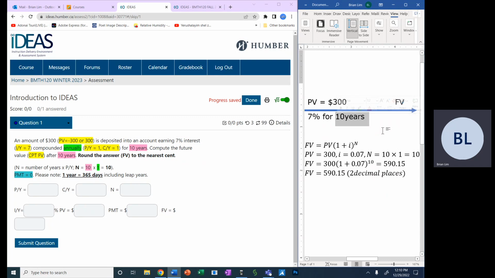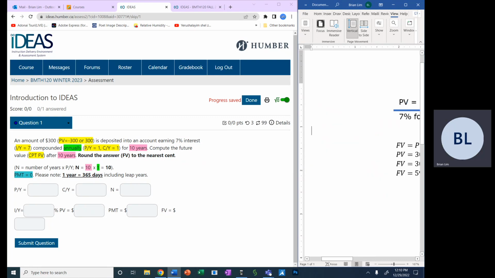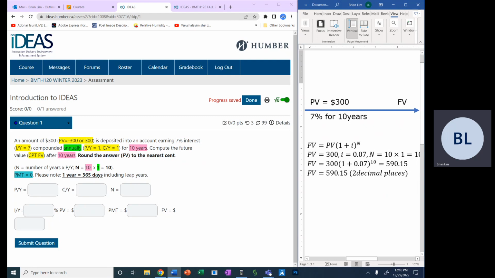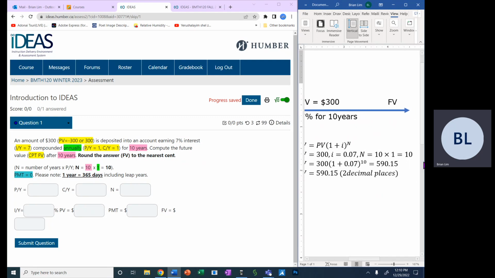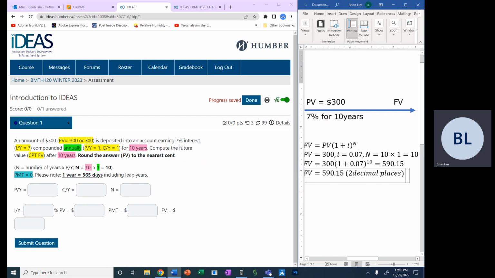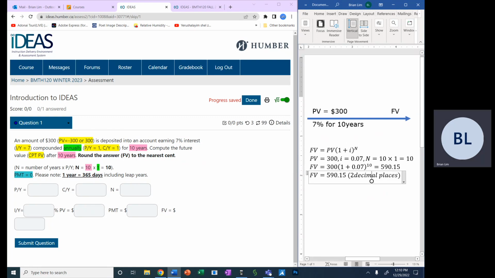The compounding is once per year, so 10 times 1 is 10, meaning it will be compounded 10 times. All right, good. And let's proceed to do it.